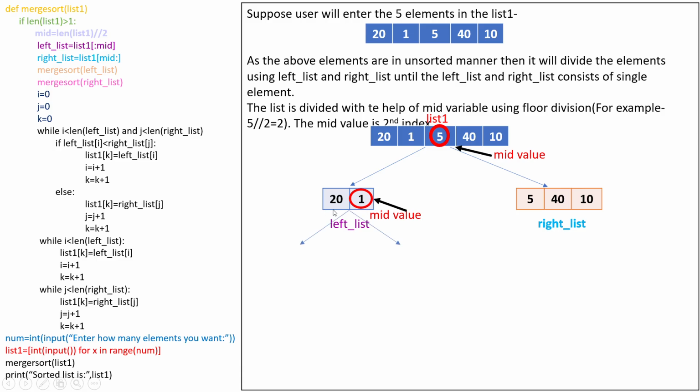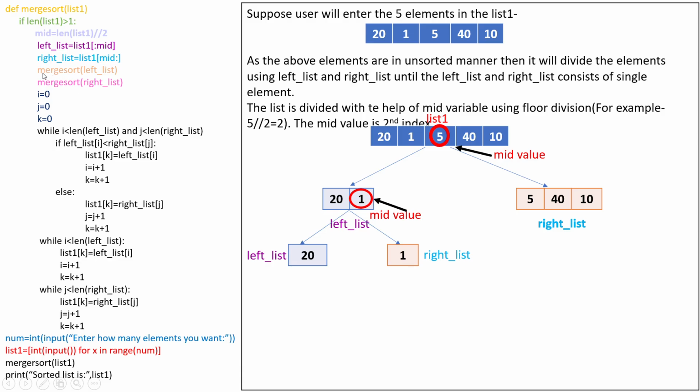So it will divide into two halves, the left list and the right list. Starting from the start till before the mid will go in the left list, like 20, and the right list will have elements from the mid position to the end of the list. From the mid to the end is the same, 1. So the right list consists of one element.